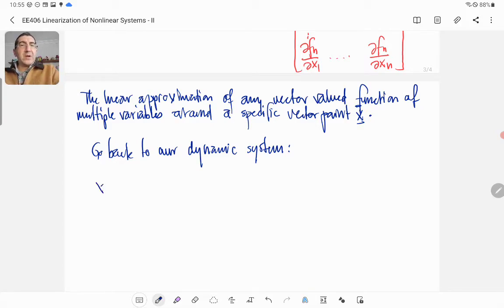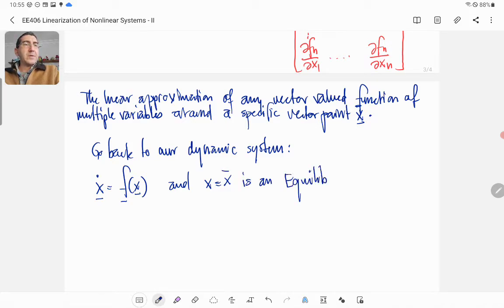So in our dynamic system we have x dot equals f of x, autonomous, and x equals x bar is an equilibrium point. So usually for an autonomous system, we have to choose that point carefully. It has to be an equilibrium point.